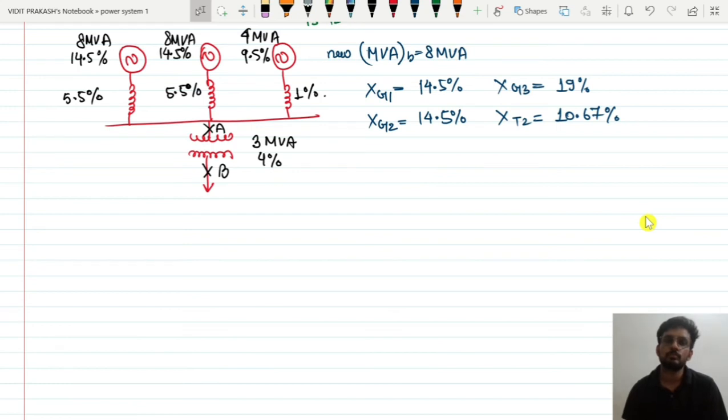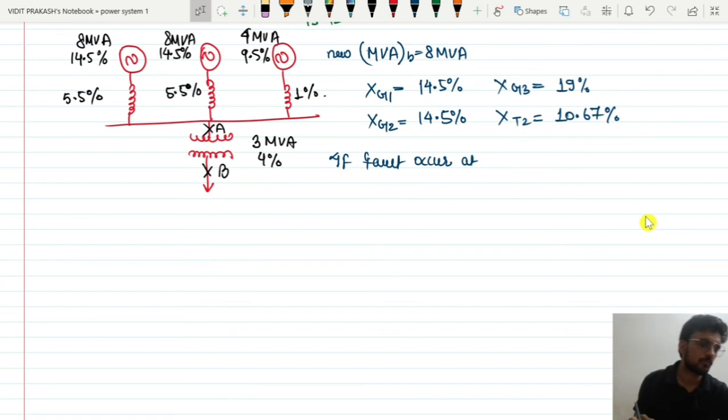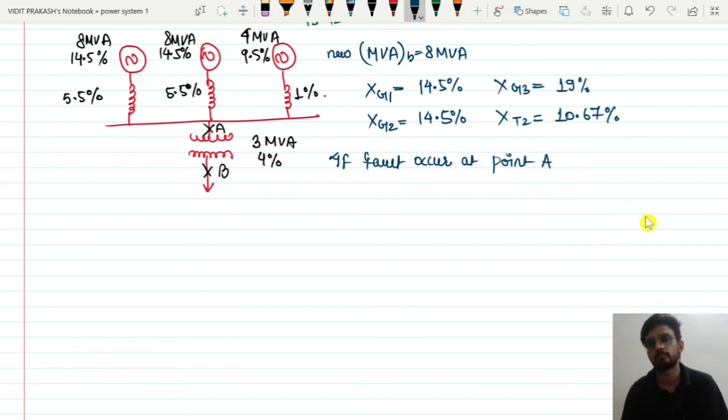Now, if fault occurs at point A, then what will be the equivalent reactance?